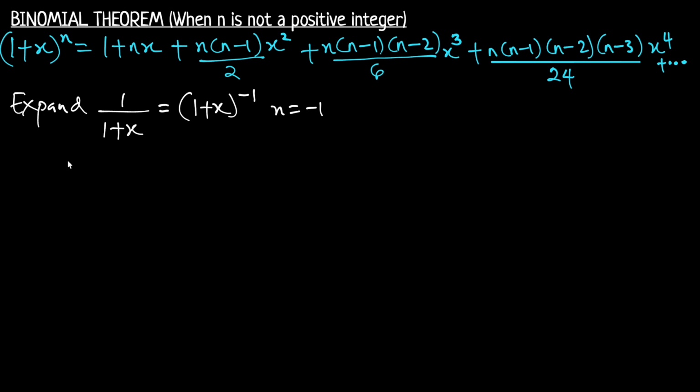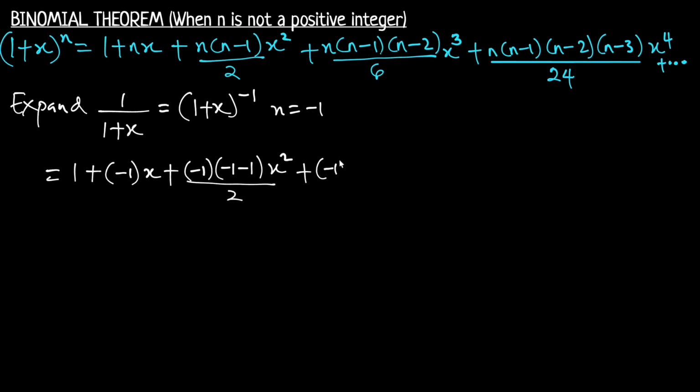So we do 1 plus n, which is negative 1, so we have negative 1 times x. That has been sorted. Plus, again n is negative 1: negative 1, negative 1 minus 1, x squared divided by 2.